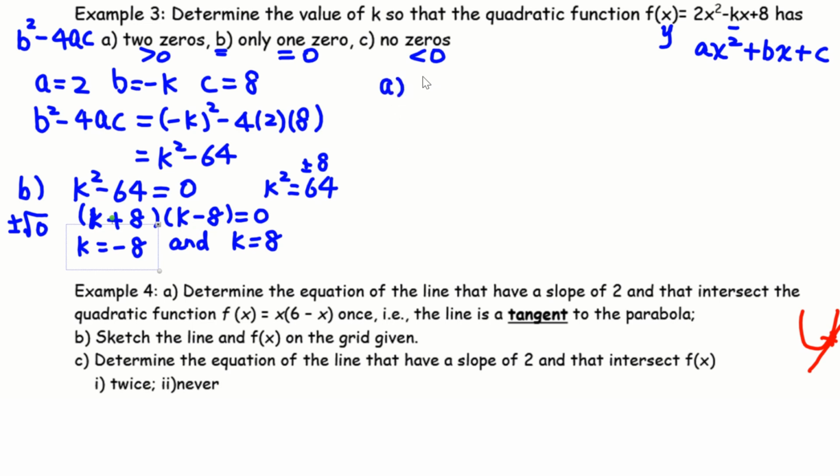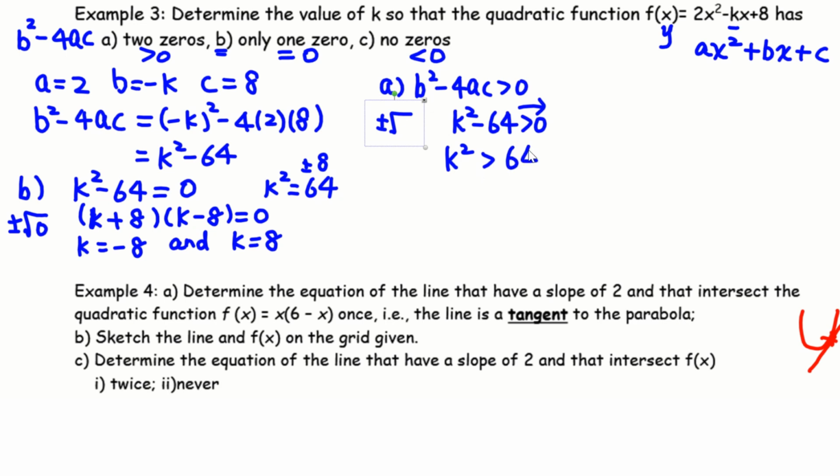So 2 zeros means b squared minus 4ac needs to be greater than 0, then plus or minus a positive number will give you 2 values. Now you have 2 zeros. So it's k squared minus 64 greater than 0. So k squared, moving the minus 64 to the other side, is greater than 64.